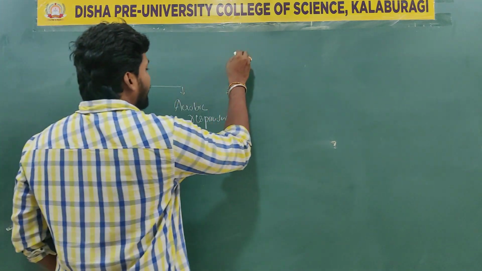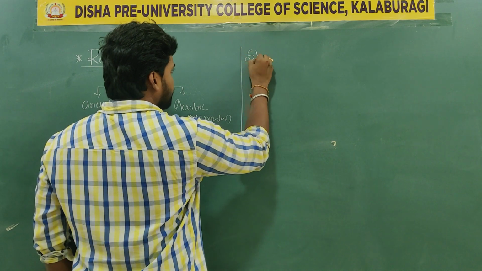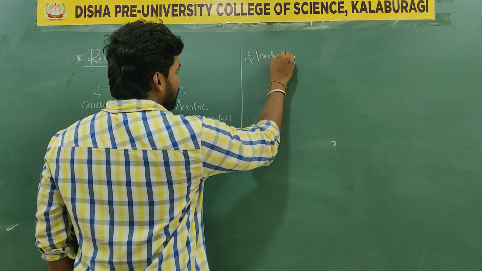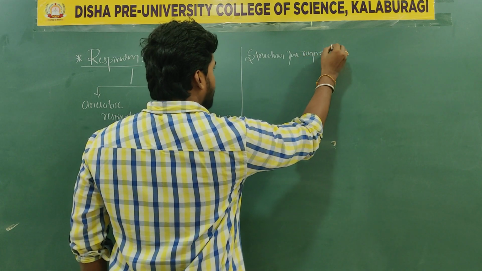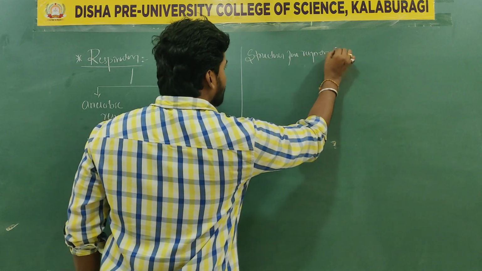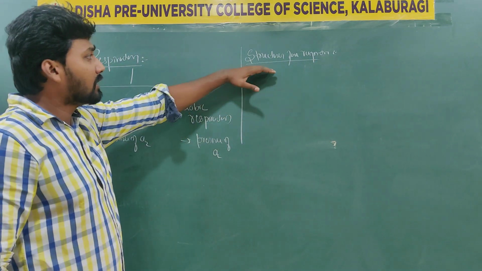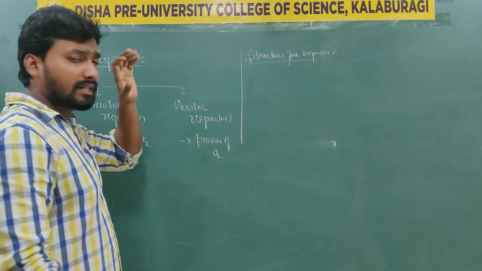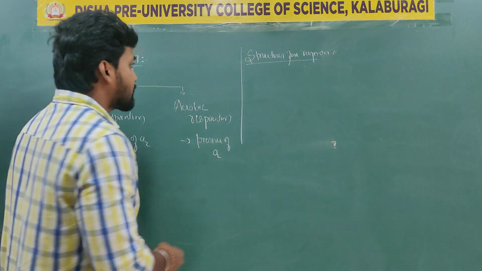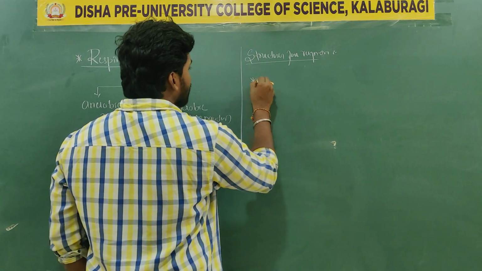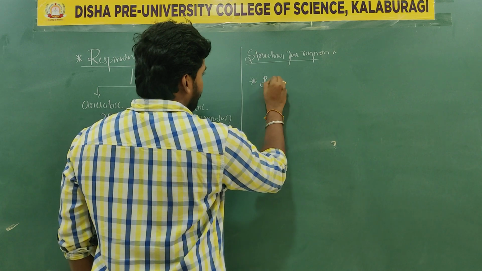And then, what type of respiratory structures or organs for respiration they are having. We are going to see different types of respiratory organs in different animals, and on that basis they are categorized. The first type of respiratory structure is the body surface.